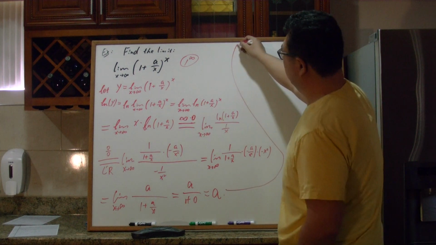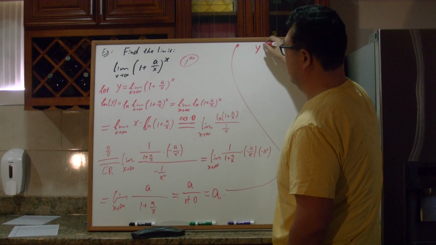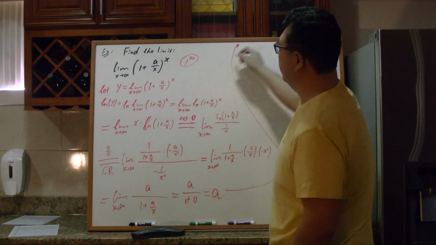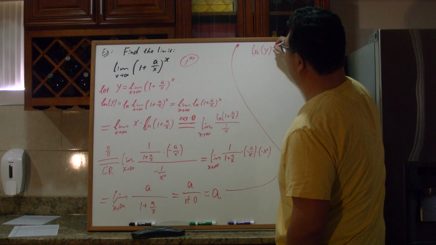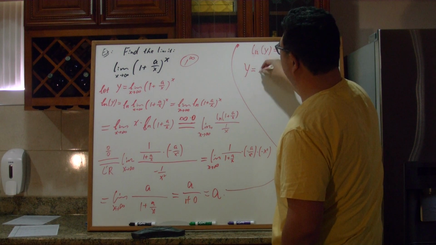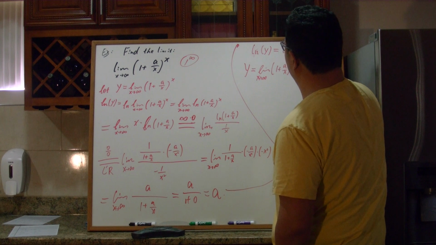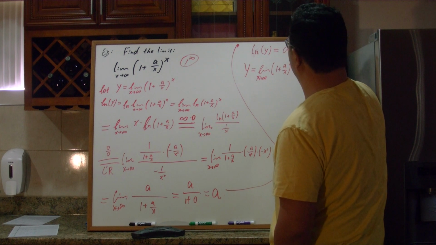And to the top, what we get is ln y, which we defined. Ln of y equals a. So y equals the limit as x approaches infinity of 1 plus a over x to the x, which equals e to the a.